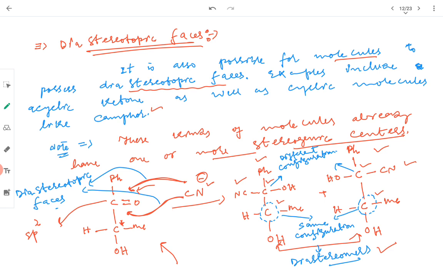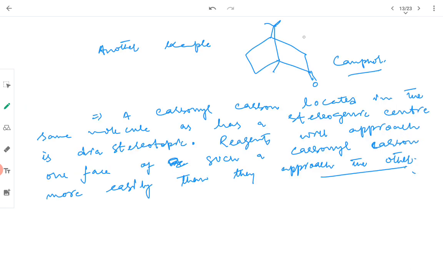So this molecule is said to have diastereotopic phases, because addition to these phases, one by one, stepwise, gives rise to diastereomers. So this is another example. This molecule can also have diastereotopic phases. This is one phase to it, and this is another phase to it.